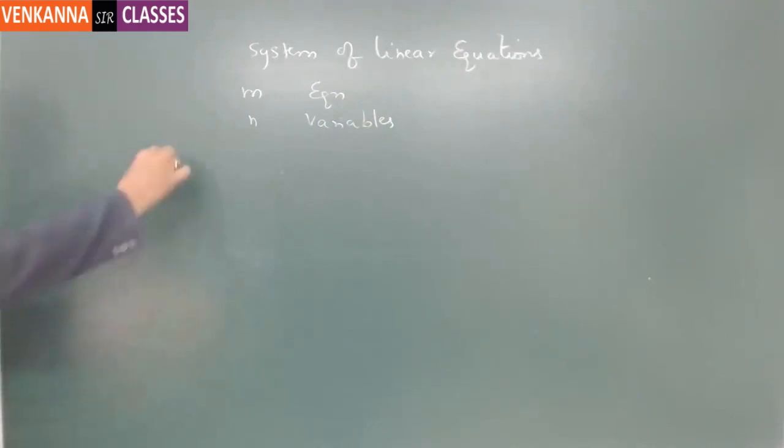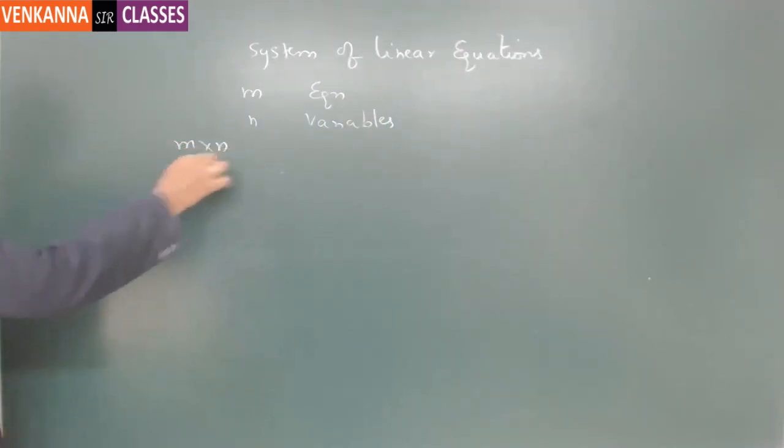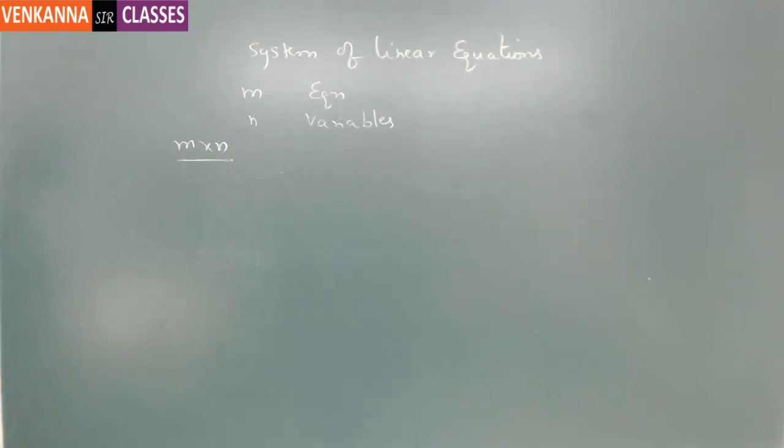Then you will get a m by n matrix if you represent the coefficients in those equations in the form of a matrix. Now usually for solving the system of linear equations, in general we consider the square matrices, and majority of the problems are posed on square matrices only, not on the rectangular matrices. However, for some problems we deal with rectangular matrices too. That is not an issue.